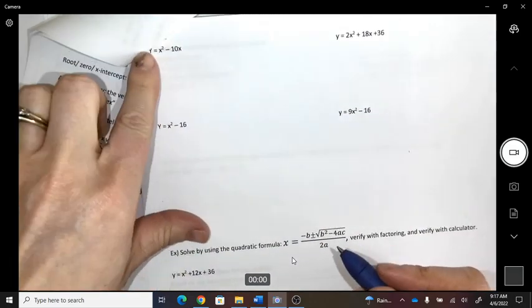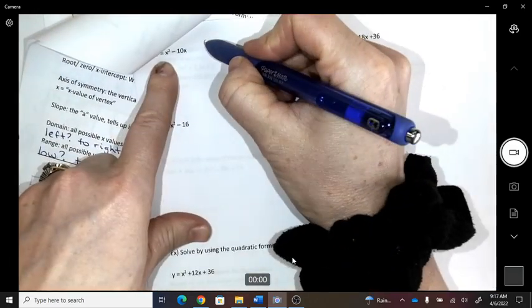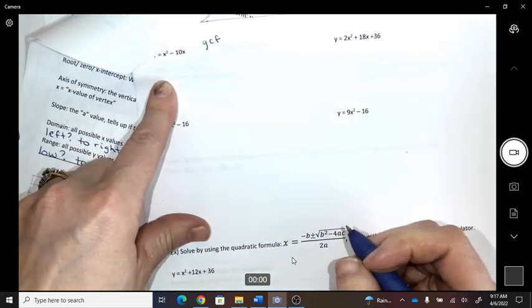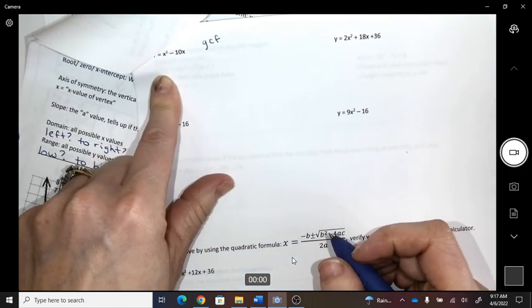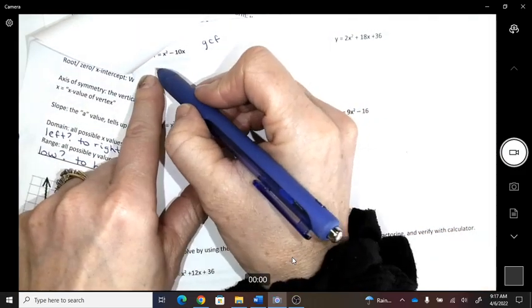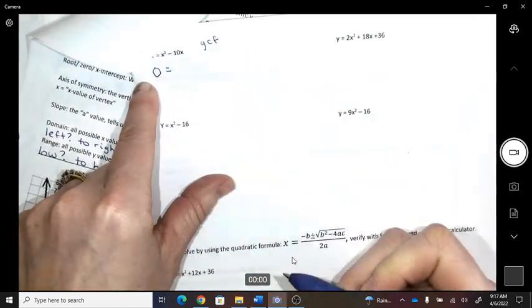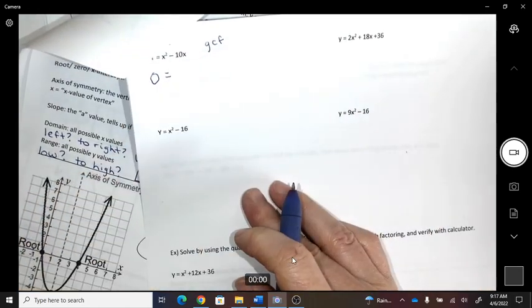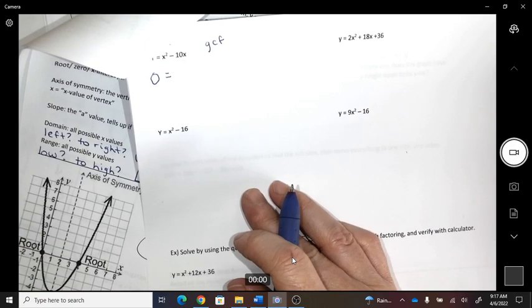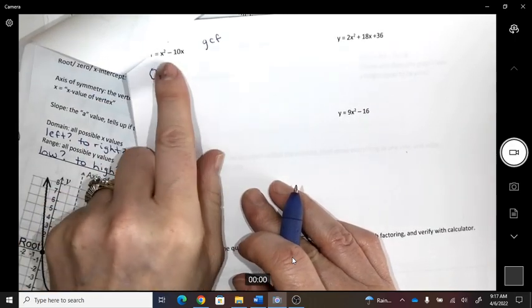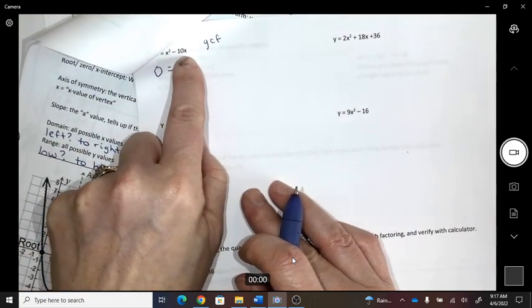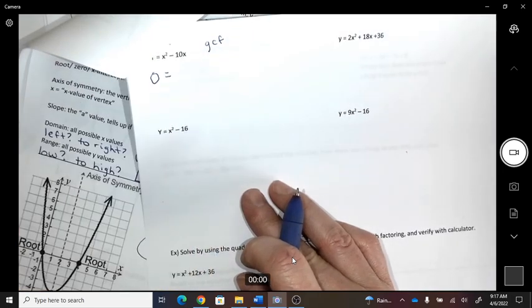So this type here is a GCF. So I want to make the y 0. That's the point there. The first thing, the idea is the y has to be 0. Okay, looking at this and this, what is in common?